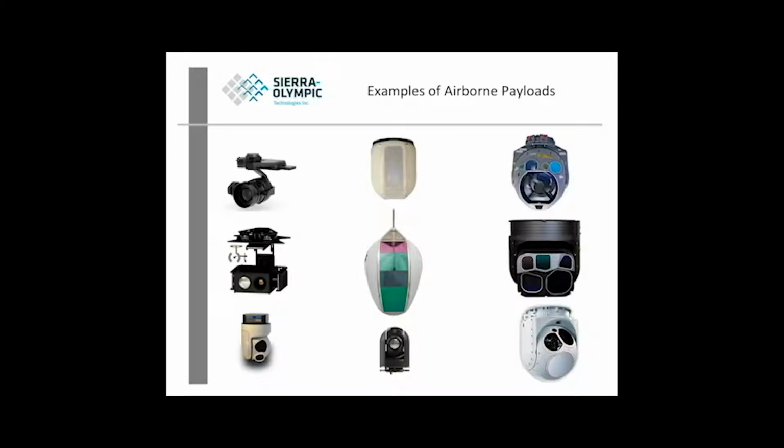Quickly, here are airborne payloads. So examples of payloads. The ones on the left are typical payloads that go on a multi-rotor. And again, these multi-rotors are beautiful systems. That payload down in the lower left, you can hold between your thumb and your index finger. I think the diameter of the circle is maybe 2.5 inches. Beautiful little payload. The middle column is an example of payloads that are used in the STUAS market.